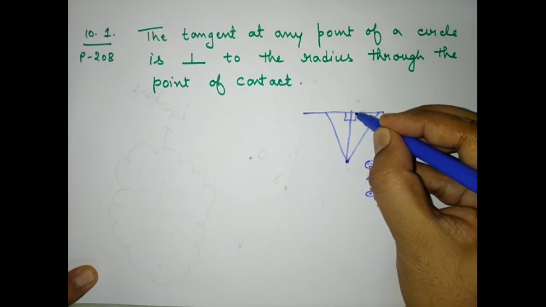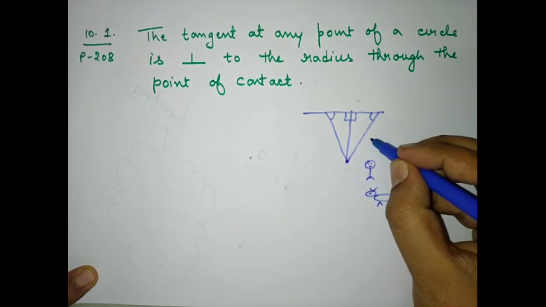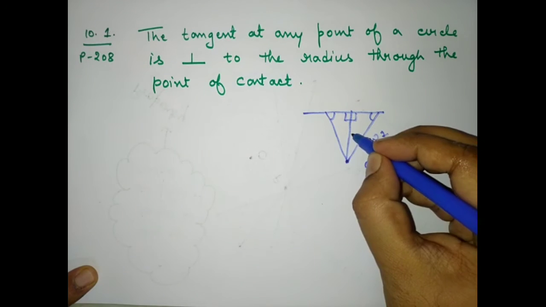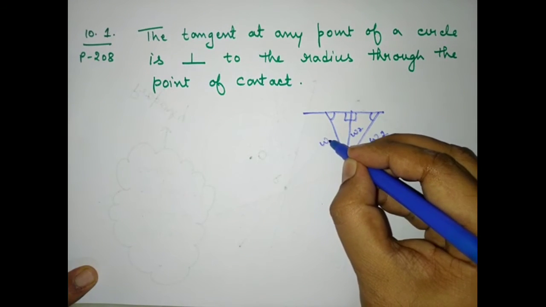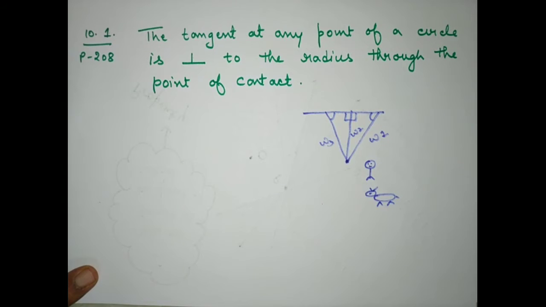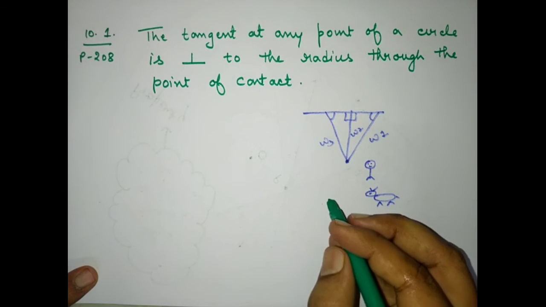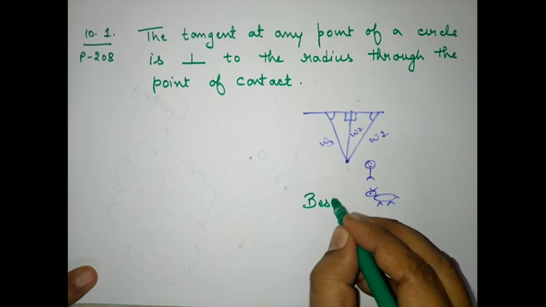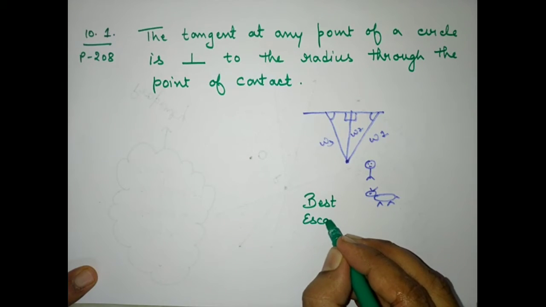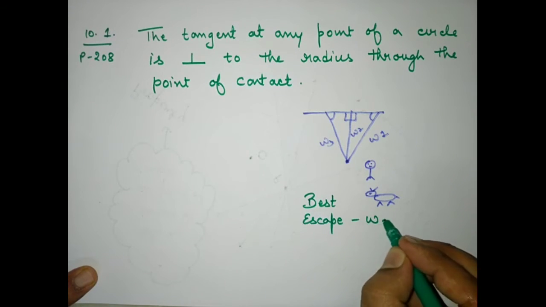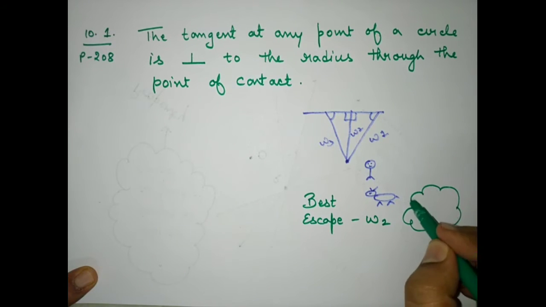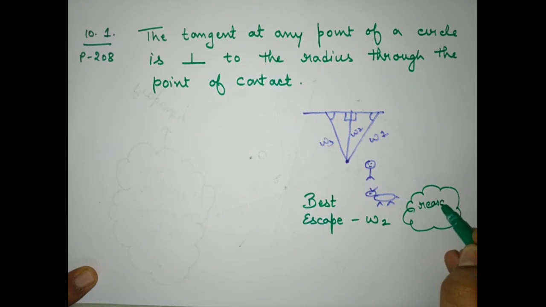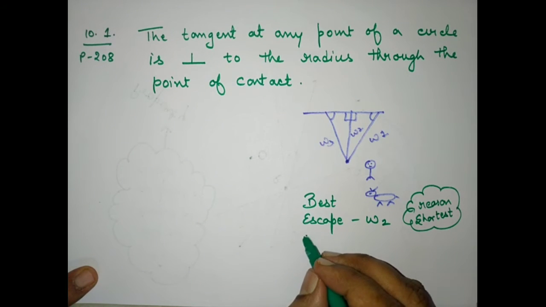Let us say the second way is perpendicular to the exit from where you can escape. Now which path will you choose? For obvious reasons, we can see that the best escape way is way 2. This is a theorem of class 9th also, which says that the shortest distance between a point and a line is the perpendicular line segment.